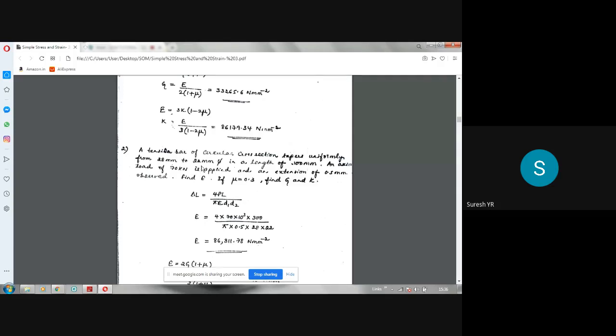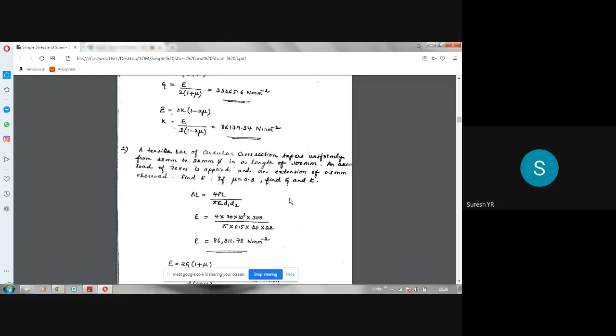So it is a problem of a tapering circular bar. We know the formula for elongation, or deformation, of a tapering circular bar. Here the force is given as 70 kilonewton. Axial load means it is tensile force. The diameter varies from 28 mm to 22 mm. So D1 is 28 mm, D2 is 22 mm.